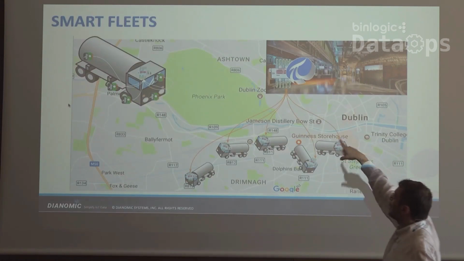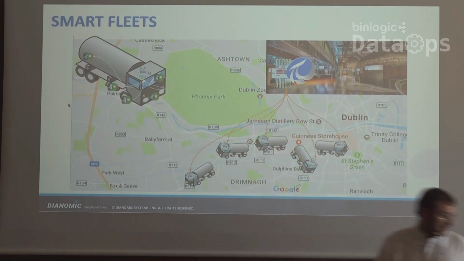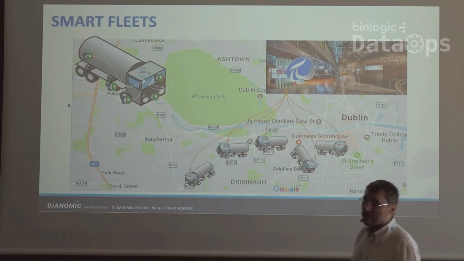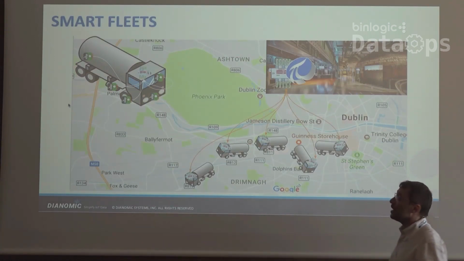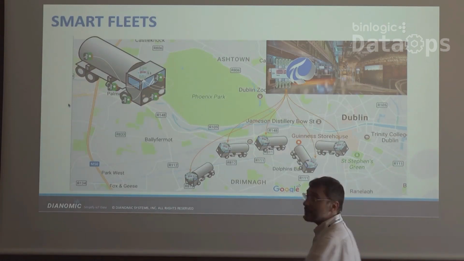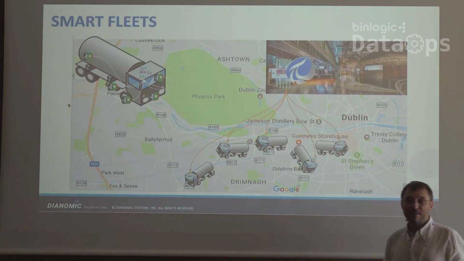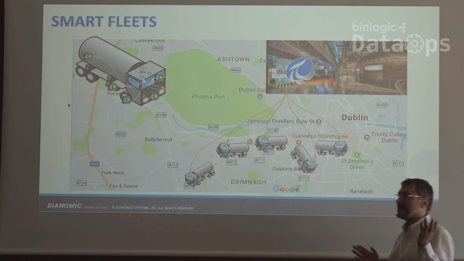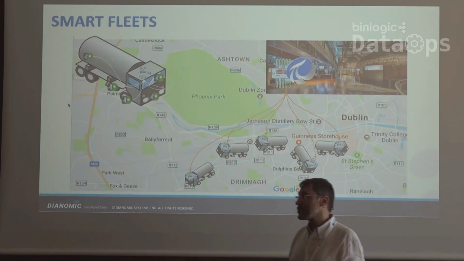You may have seen this logo already. This is the logo of our main investor, a company called OSIsoft. They have a time series database called Pi. That's why there is a Pi logo there. It's a 30-plus-year-old technology, but it's used pretty much everywhere.